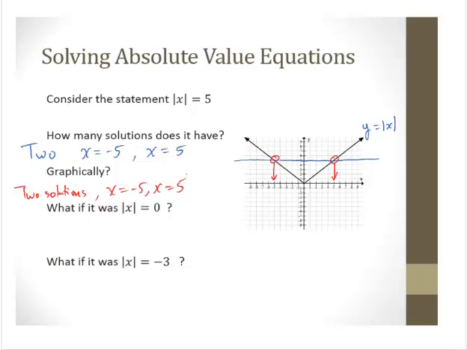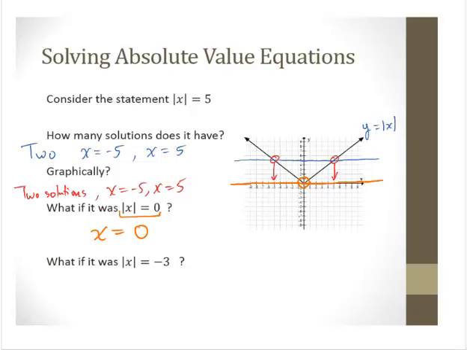Now, what if we had the statement absolute value of x equals 0? Thinking of it in orange, if I graph y equals 0, that's the horizontal axis, and notice that there's only one intersection, specifically when x equals 0.